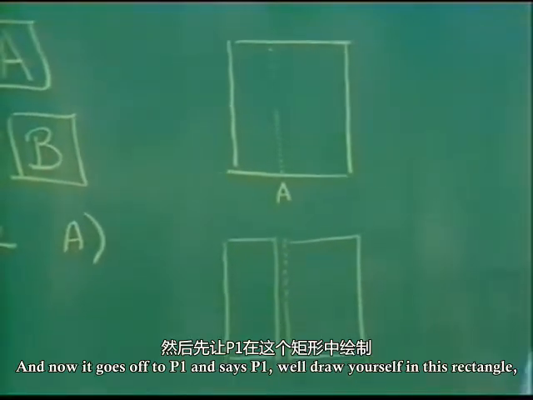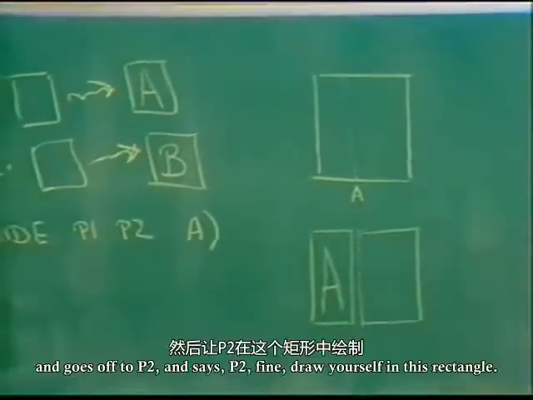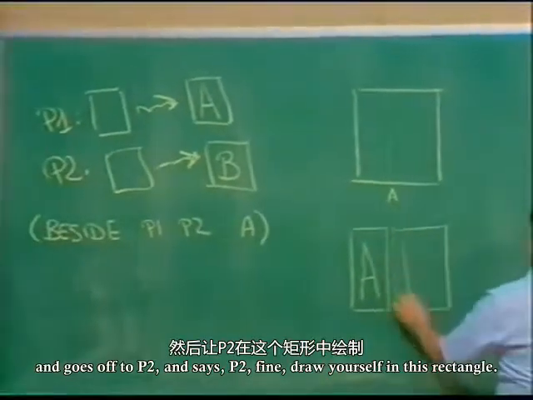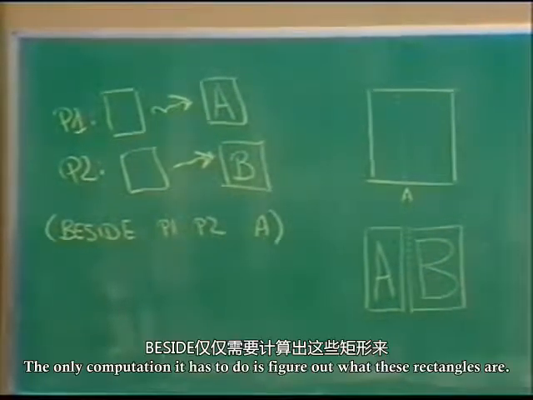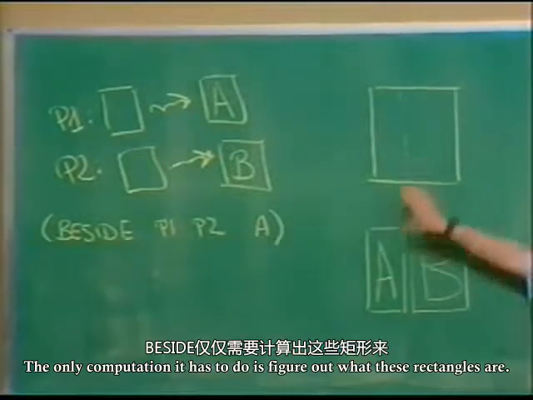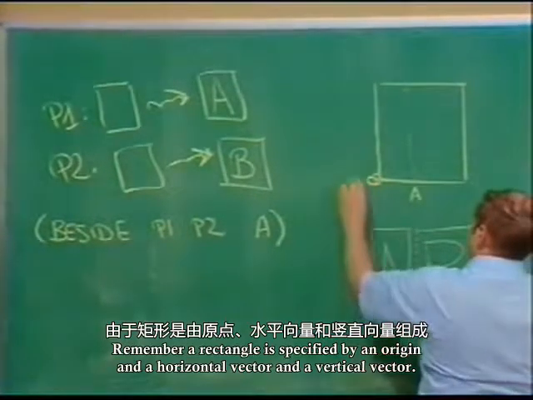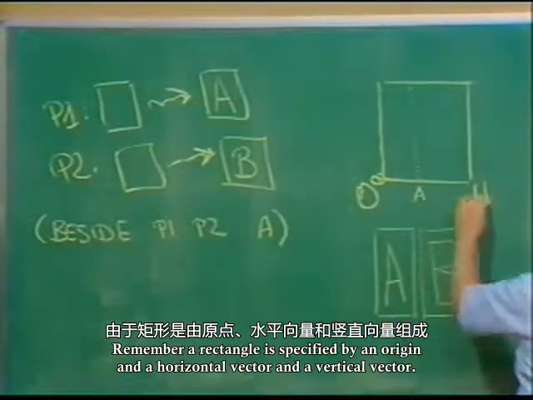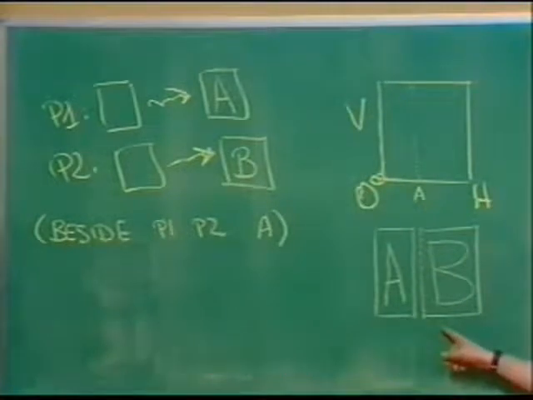And now it goes off to P1 and says, P1, draw yourself in this rectangle. And goes off to P2 and says, P2, fine, draw yourself in this rectangle. The only computation it has to do is figure out what these rectangles are. Remember, a rectangle is specified by an origin and a horizontal vector and a vertical vector, so it's got to figure out what these things are.